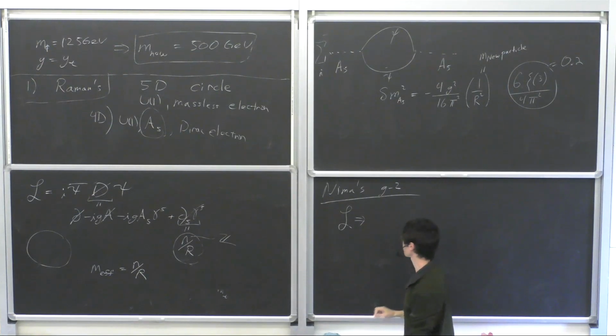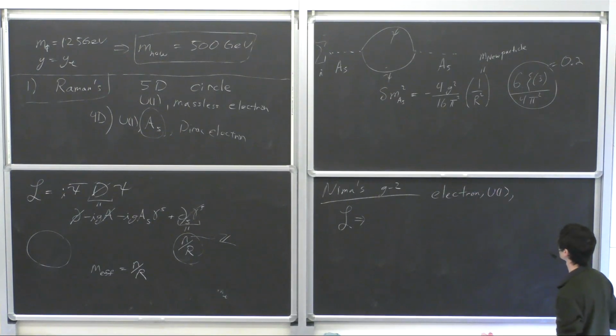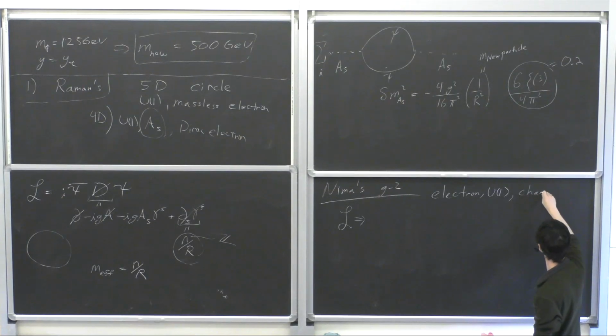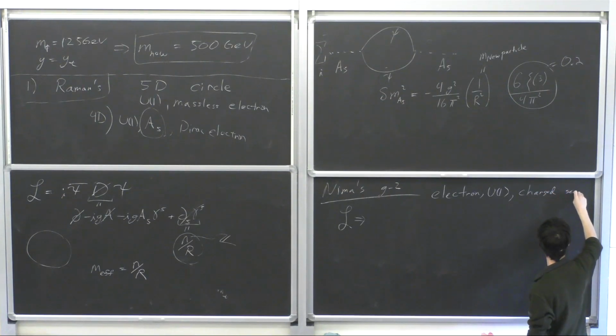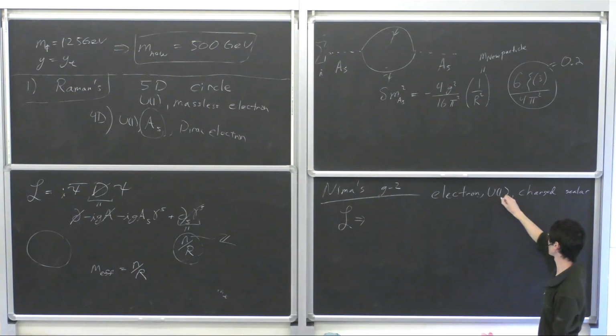It's going to be an electron with U1, and a charged scalar. This is just a toy model of what he did, as a toy way of doing the actual electron, E and M, and the Higgs.